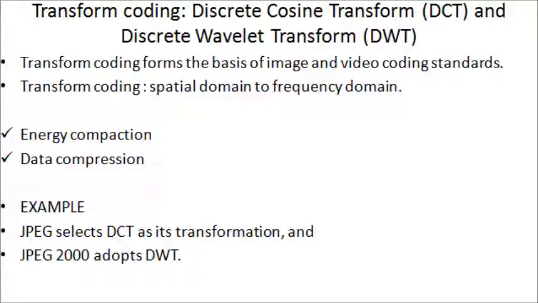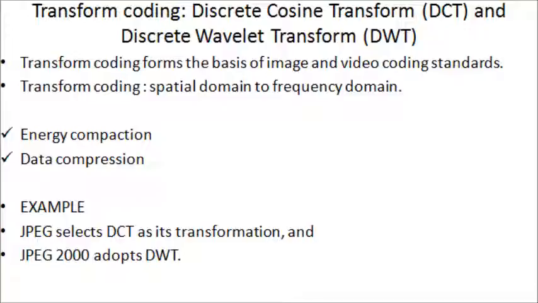Starting with transform coding. As we know, transform coding can be achieved by using the discrete cosine transform, also known as DCT, and the discrete wavelet transform, known as DWT. Transform coding forms the basis of image and video coding standards.